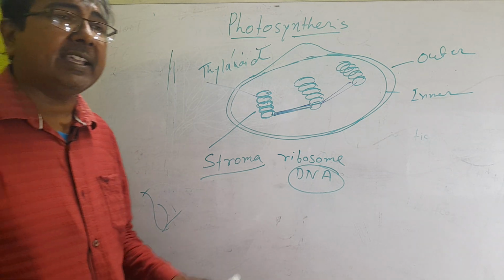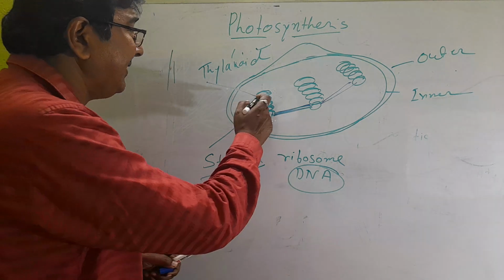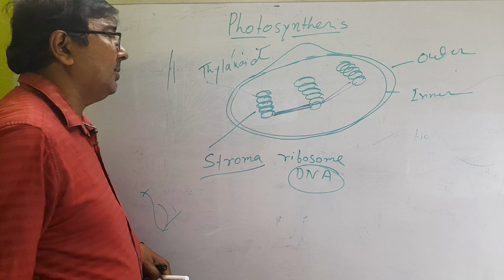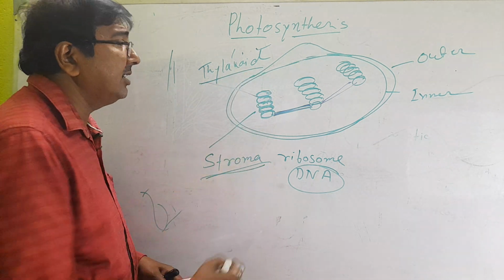It is the site of the light phase. So the light phase of photosynthesis occurs in the thylakoid and the dark phase occurs in the stroma.